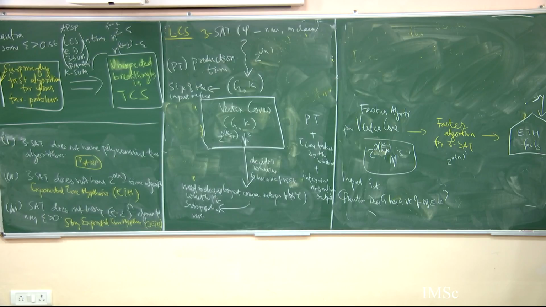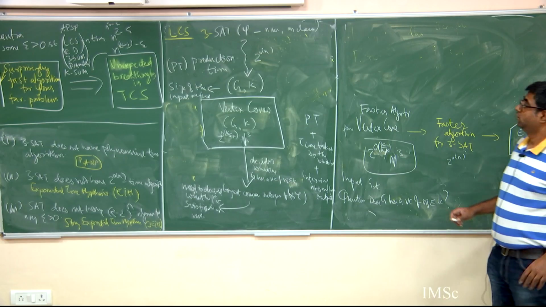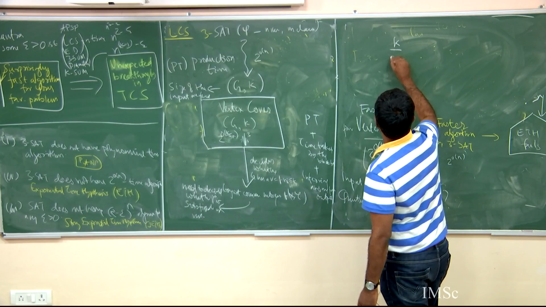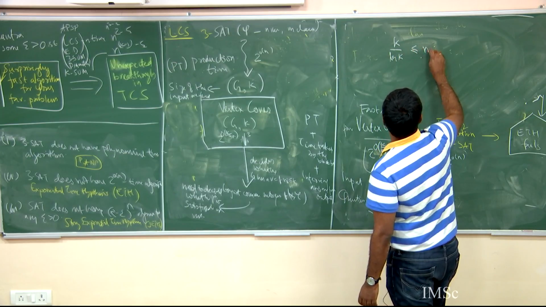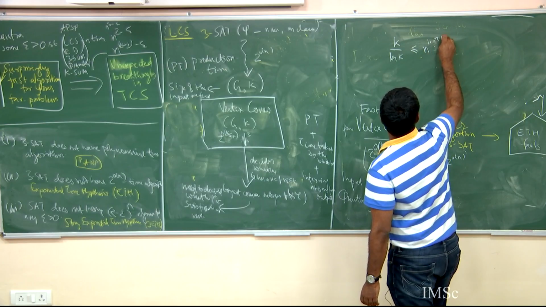K by log k should be fine. So he says that k by log k should be order n, at most order n. What happens if k by log k is n square? Suppose all I can guarantee is that k by log k is, say, n to the power 1.739.